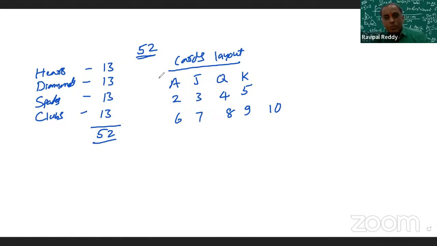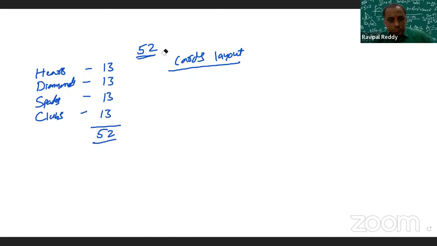Okay. So now, next one. The cards are A, J, Q, K, and numbers 2, 3, 4, 5, 6, 7, 8, 9, and 10.